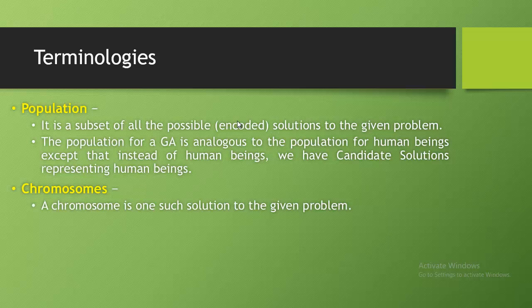That solution you choose from the population is known as a chromosome. Now, a gene is one element position of a chromosome. For the solution you have selected from the population, one element at some respective position in that solution is known as a gene.